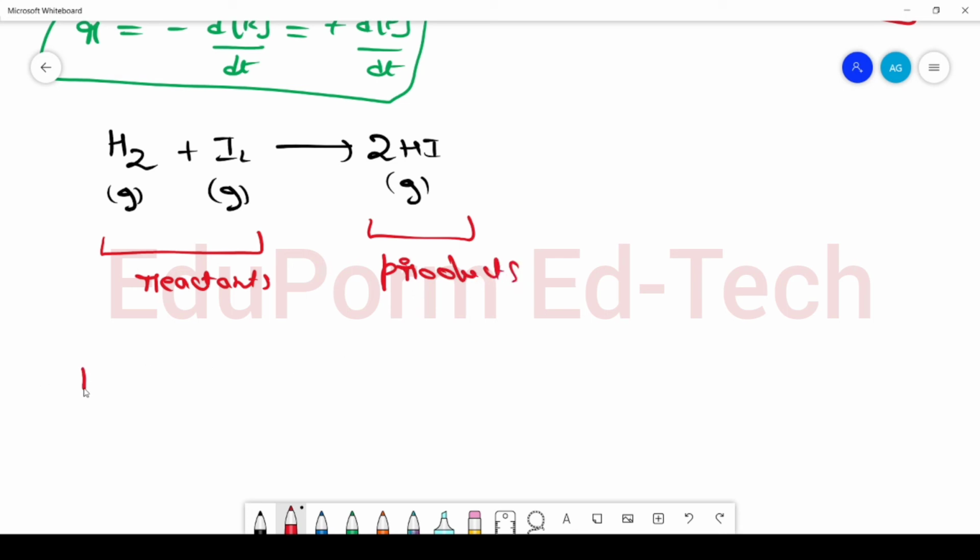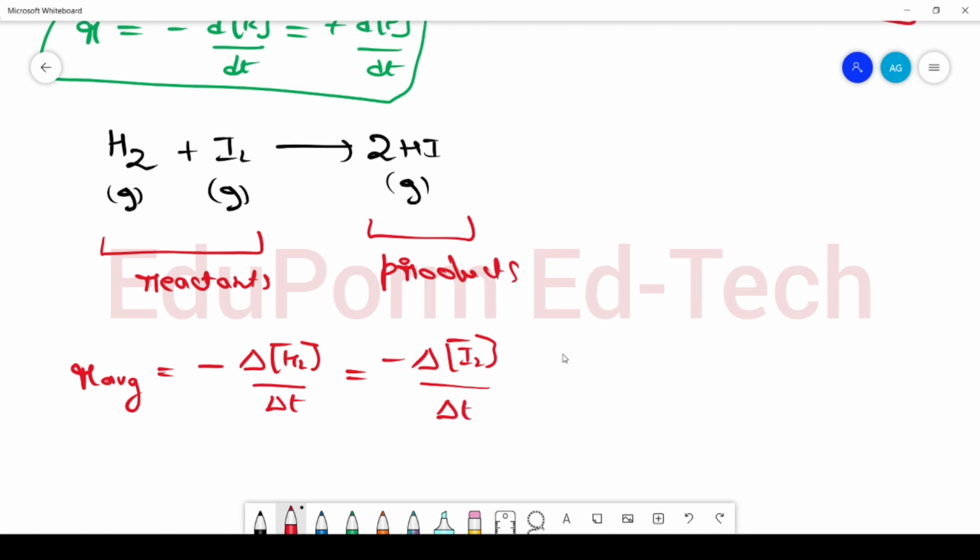So the rate R average can be given as the decrease in concentration of reactant 1, that means H2, with respect to time, which is equal to the decrease in concentration of reactant 2 with respect to time, which is equal to the increase in concentration of product, that means HI, with respect to time.